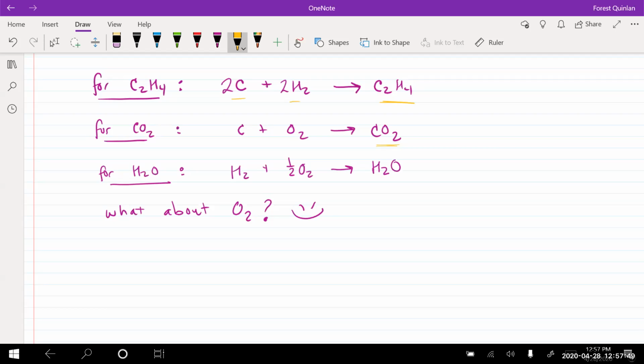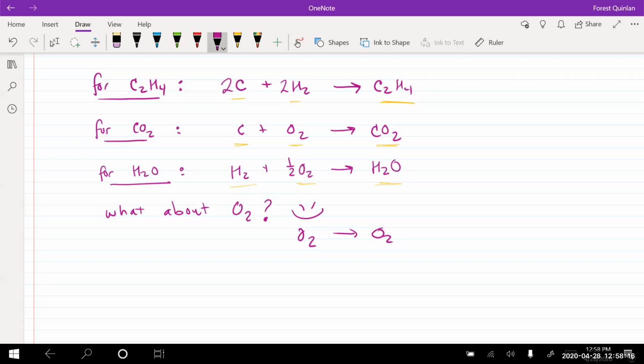We can make that from carbon and oxygen, yes? Yes. Now we're going to make water. We can make that from hydrogen and oxygen, yes? Yes. Now, how do we make oxygen? From oxygen. So what would that imply about things on the left and right? They would cancel each other out.